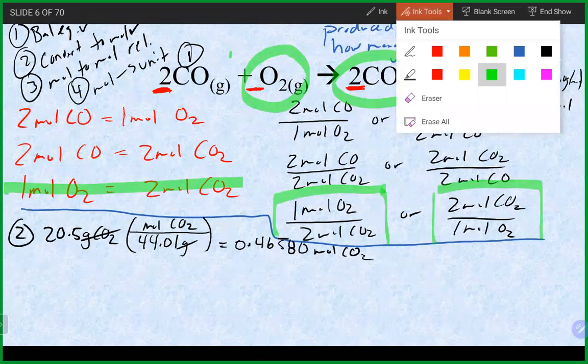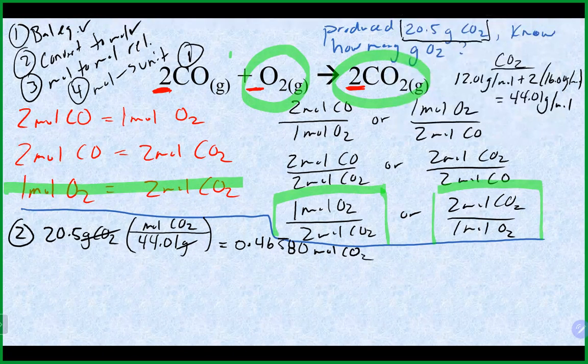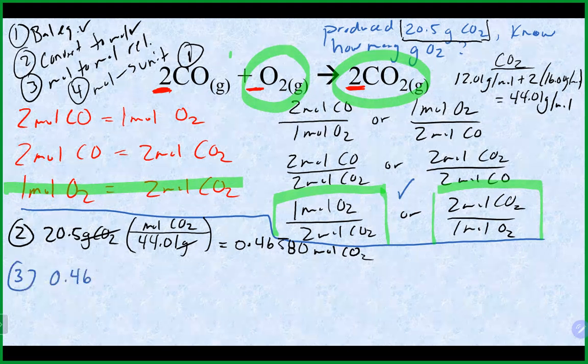Which one should I use in this case? I want to get rid of CO2 and end up with O2, so I should use the conversion factor on the left. That's going to allow us to do it. This is the big stoichiometry move right here: going to the equation and finding the mole-to-mole relationship as a conversion factor. So for the 3rd step, I'm going to take my moles that I calculated and use the stoichiometry relationship from the equation.